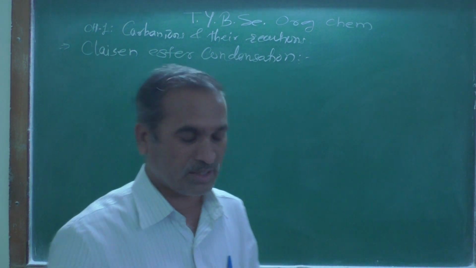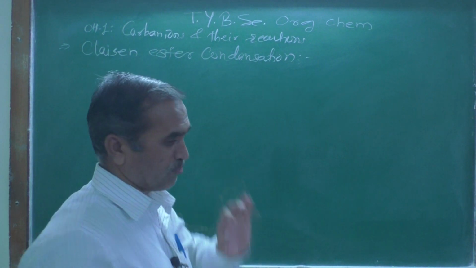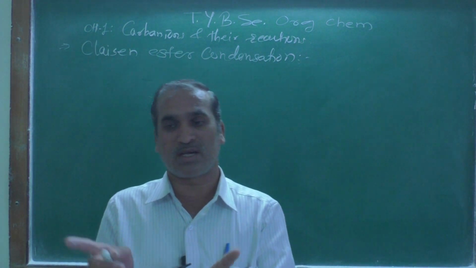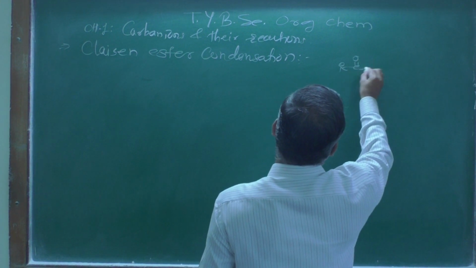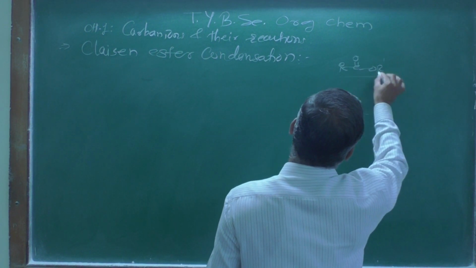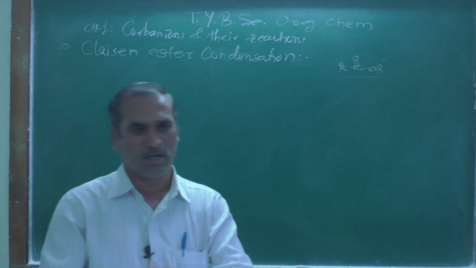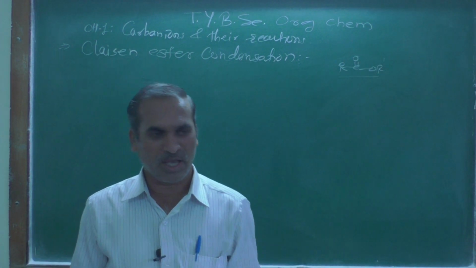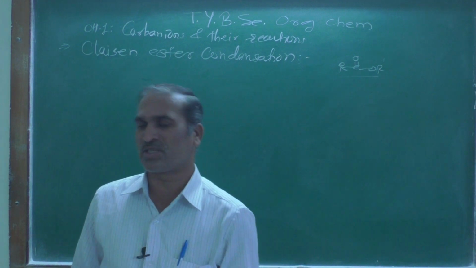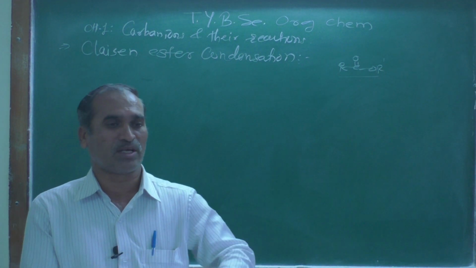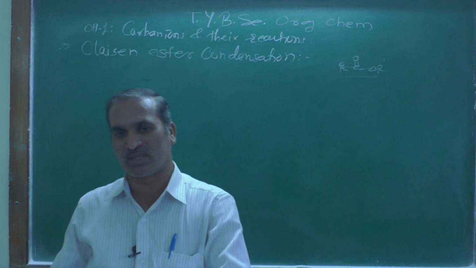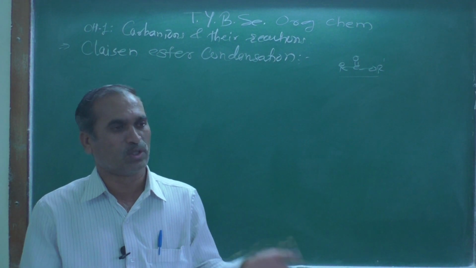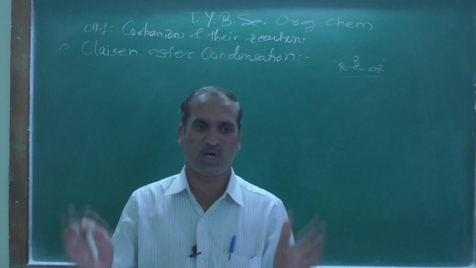As we know, the organic compound having the general formula R C double bond O R dash is called an ester. This is the general formula of an ester, and it is sometimes called a derivative of the acid treated with the alcohol. The resulting compound formed is called an ester.